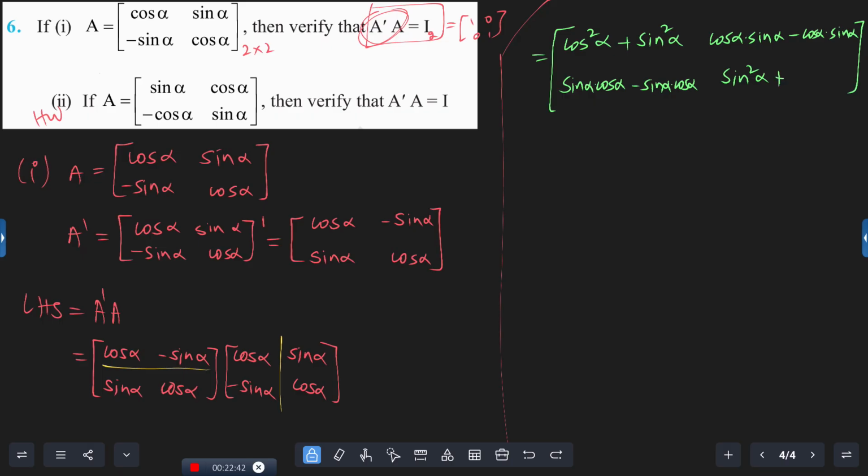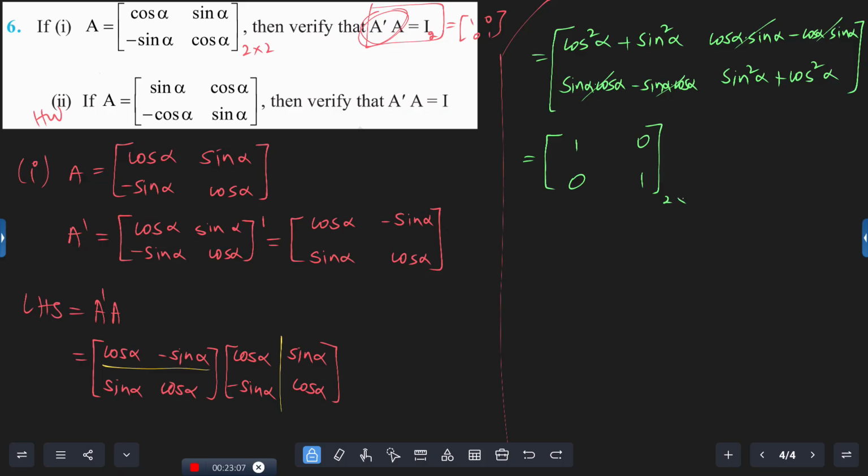When you go to the second element, we should put plus. Don't forget. Suppose any opposite sign is given in the question, plus into minus, minus you can use. So what are you getting through this? Sin square plus cos square is 1. Here plus, minus cancel, we can give 0. Here also sin square plus cos square will be 1.